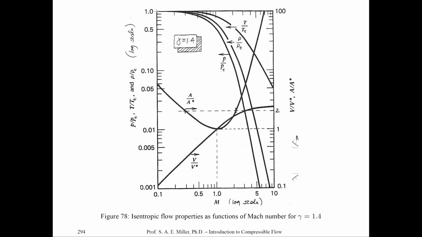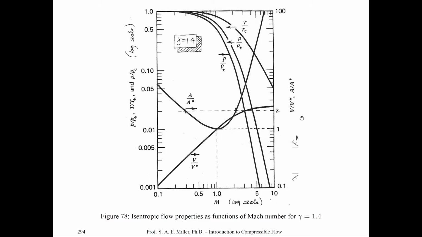So that's like saying at Mach 0, PT is equal to P. That's the same for rho and T. They all have the same form, and they all decrease as you accelerate the flow. So if you take the flow and accelerate it from Mach 0 to a very high Mach number 10, of course you can see there are multiple powers of ten reduction in the values of pressure, temperature, and density respectively.